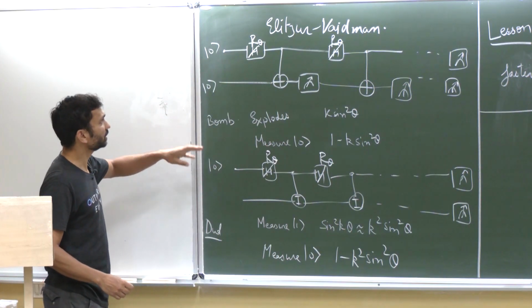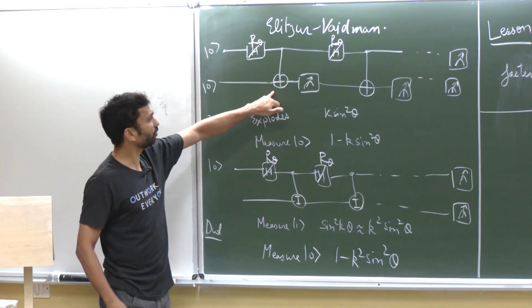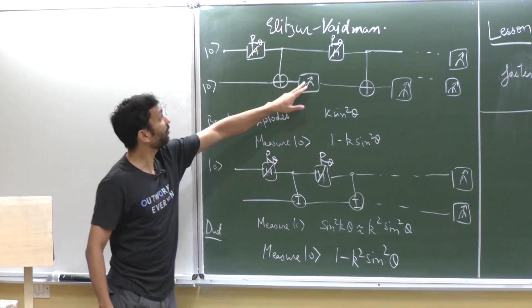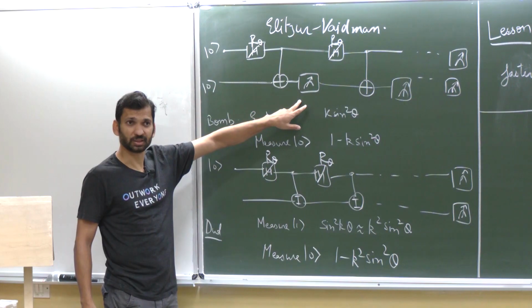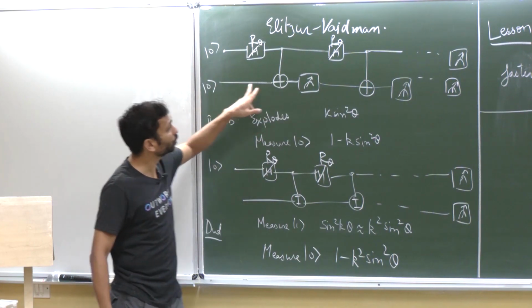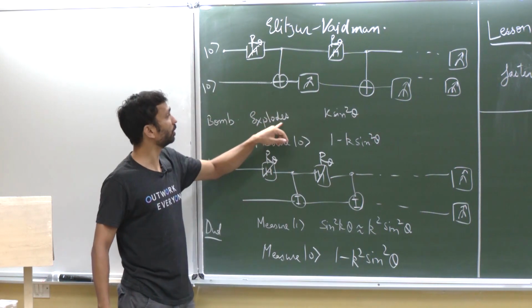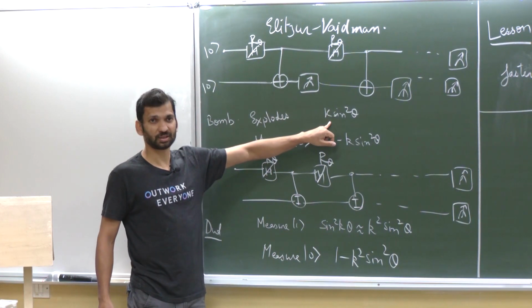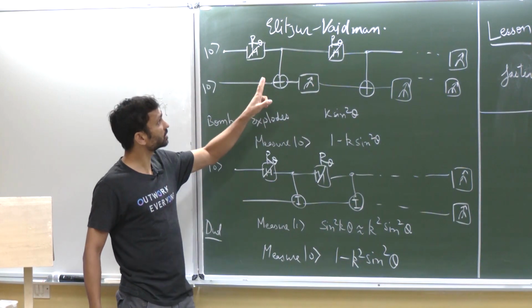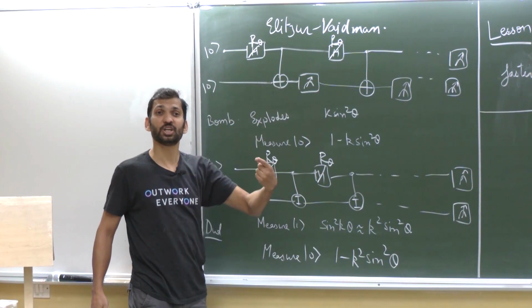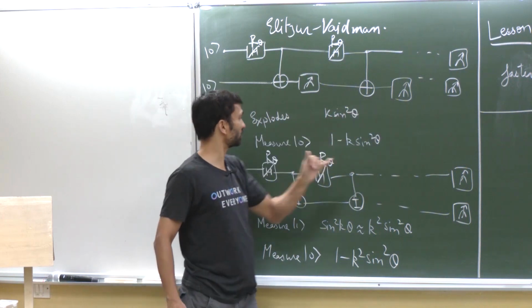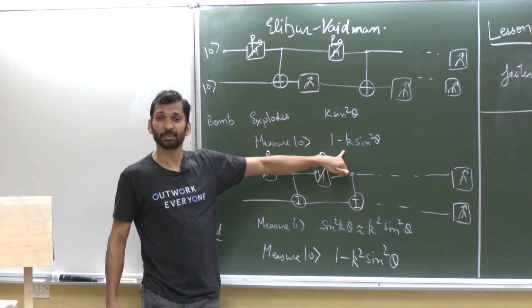But the point remains, if it is a bomb, every time the probability that it explodes is sine square theta. If I do this k times, the probability of exploding is k sine square theta. If the bomb doesn't explode, my state every time I measure gets changed to 0 again. So I measure 0 with the remaining probability.